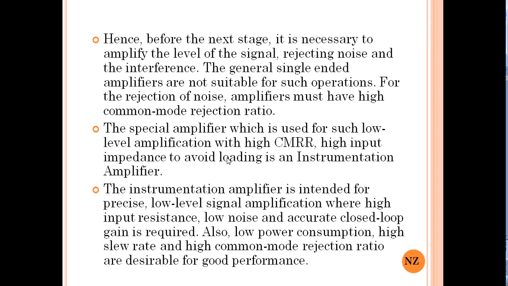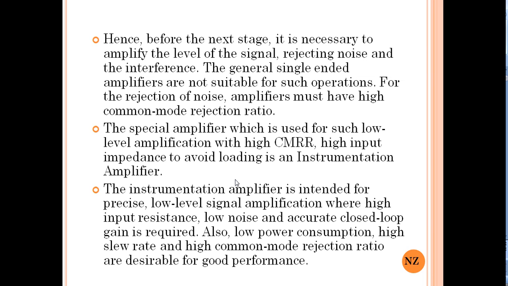The signals coming out of the transducers are very low level signals. Such low level signal amplification is done by the instrumentation amplifier, which offers high CMRR, high input impedance and also avoids the loading effect.